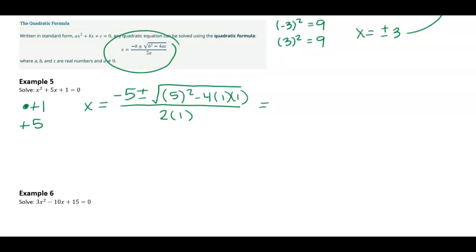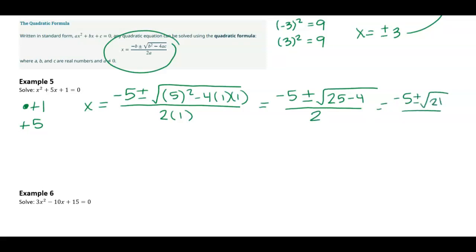Let's simplify inside the radical. I would have the square root of 25 minus 4 all over 2, which gives me the square root of 21 over 2.